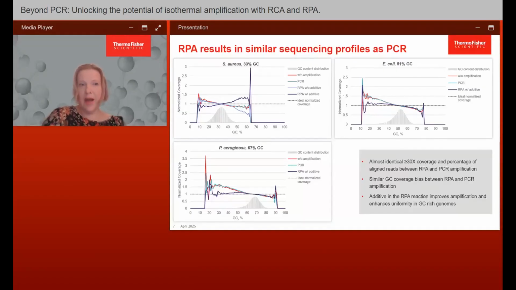And when we had a closer look at GC coverage bias, we also found that RPA generates similar profiles as PCR and can be used for amplification of complex libraries. For higher GC content, an additive should be added into the RPA reaction to get good coverage bias data.